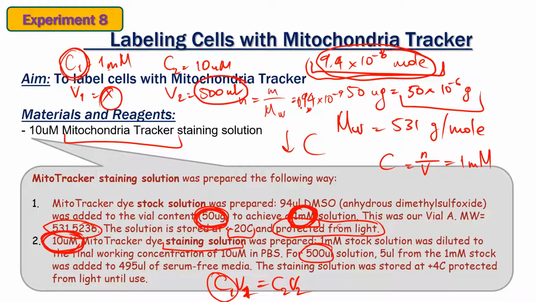In total, 500 microliters of the final staining solution, which means 495 microliters of serum-free medium plus 5 microliters of your stock solution, and you get 10 micromolar concentration.